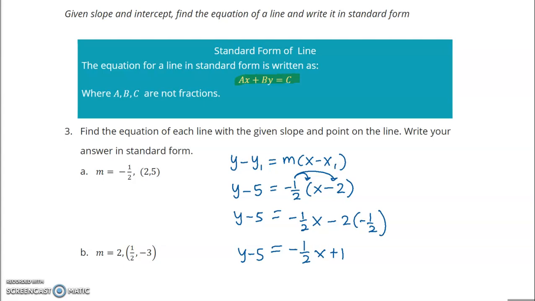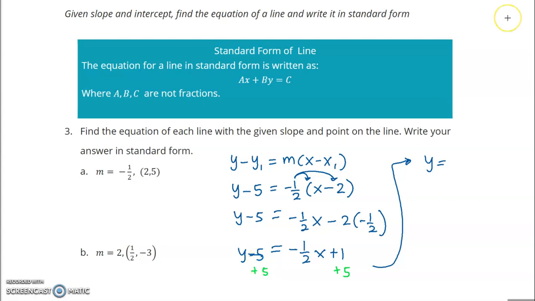So to do that, we are going to transpose negative 5 to the other side. That is by adding 5 on both sides of our equation. So y is equal to, negative 5 plus 5 is equal to 0.